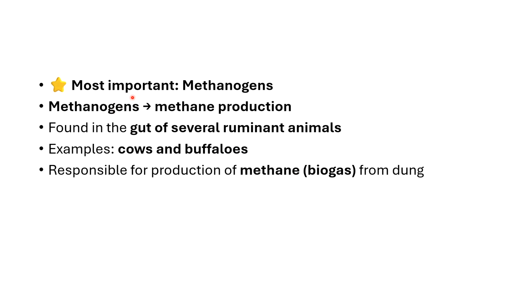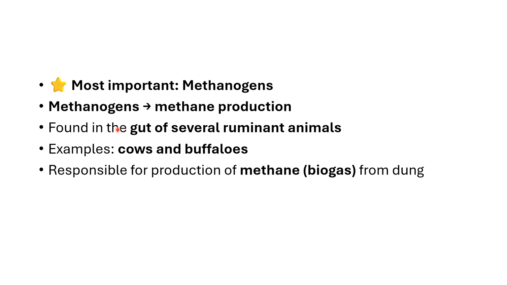Now I want you all to pay special attention to methanogens. These methanogens, we saw it is responsible for methane production, right? They are present in marshy areas. But another important thing is they are present in gut of several ruminant animals. Ruminant animals means cows and buffaloes. Here they play another important function.